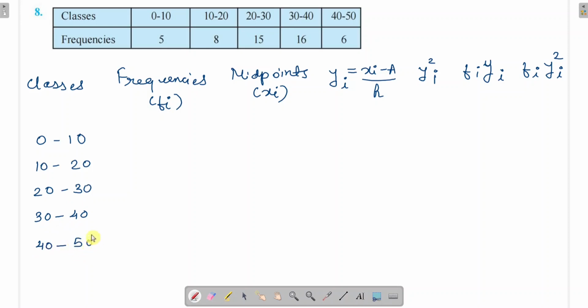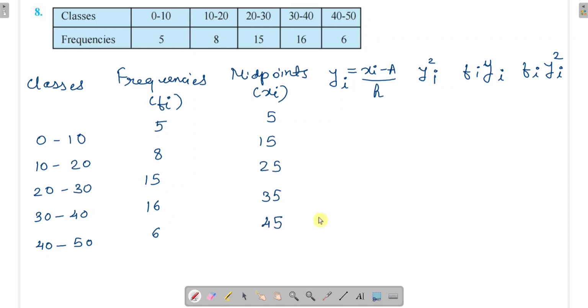Okay, so frequencies column we will fill 5, 8, 15, 16, 6, and midpoint of 0 to 10 will be 5, midpoint of 10 to 20 will be 15, midpoint of 20 to 30 will be 25, midpoint of 30 to 40 will be 35, midpoint of 40 to 50 will be 45.